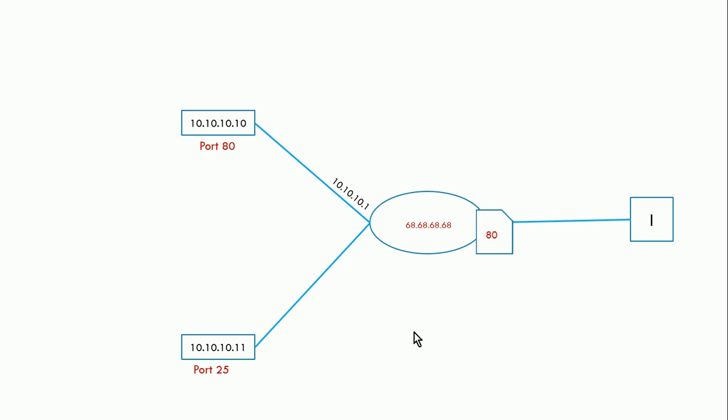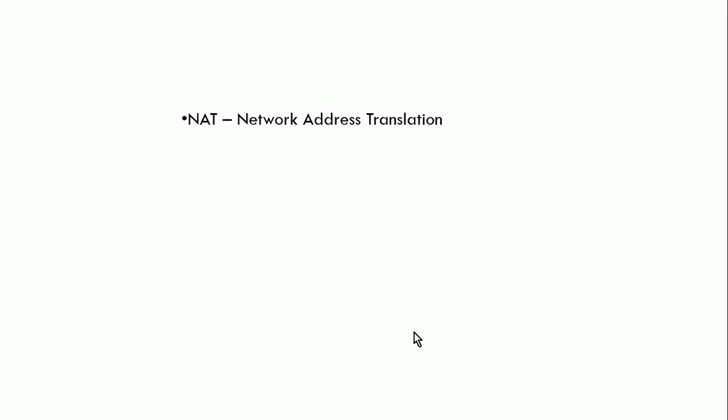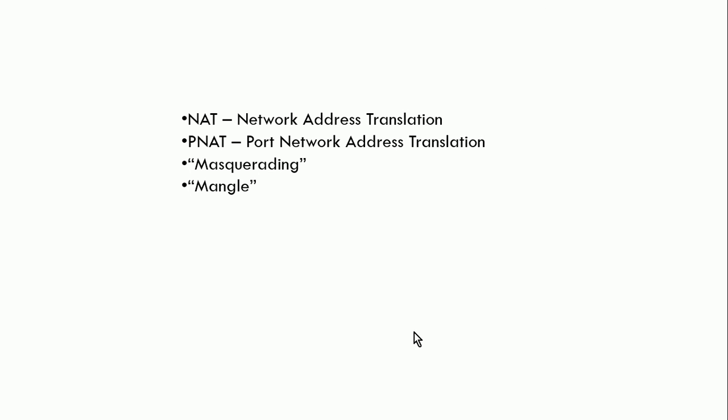So when traffic comes in for port 80, the firewall is smart enough to know to route that traffic to system number 10, and when it comes in on the public IP address for port 25, it knows to route it to the system listening on port 25. So again, that's network address translation, port address translation. Some people call this masquerading, and I've even seen the term mangling. But again, this is very common in most networks, and it's important to understand it.